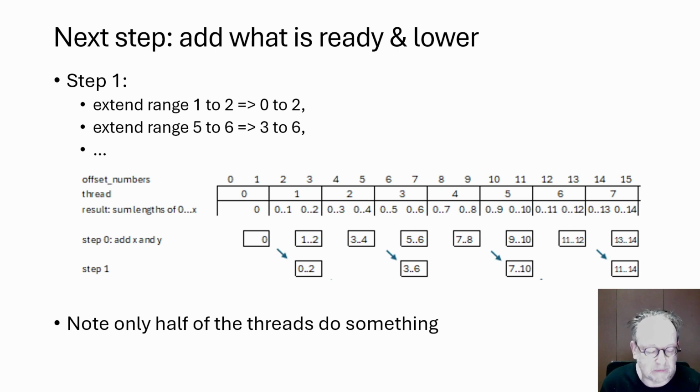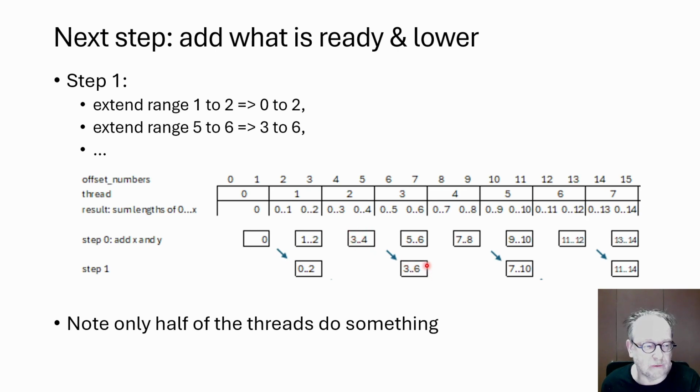Actually, all the next steps are doing something very similar to each other. The first step was a bit different, but now the next steps always do something very similar. What they basically do is use a previous result to extend the range of added values. For instance, again thread number 3, we had already 5 and 6 added together, and we see that the previous thread has the sum of 3 and 4.